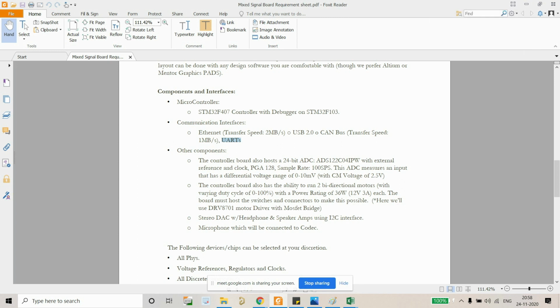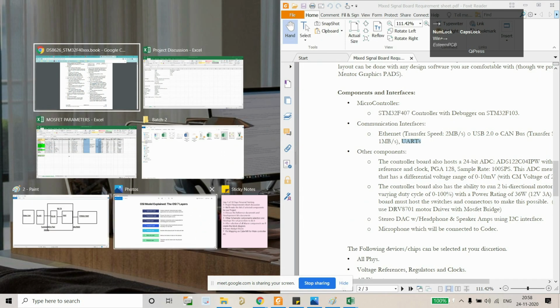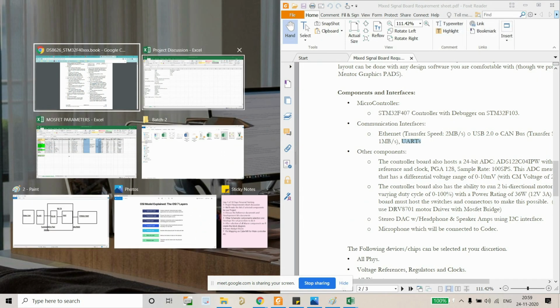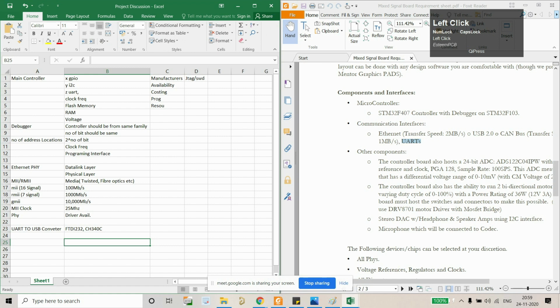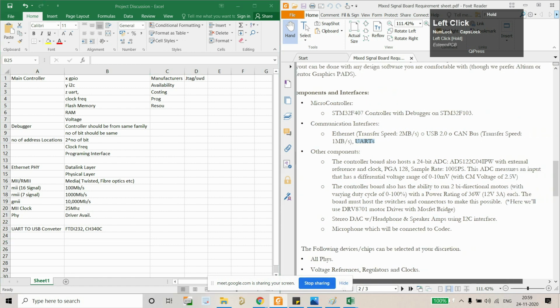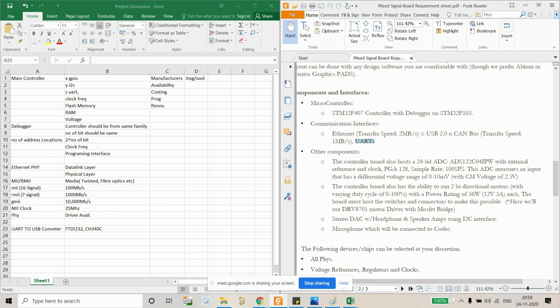another thing is related to our analog to digital converter. It is really useful, and we will see what information is present in the statement which is given here. Then on the basis of that we will select the analog to digital converter.